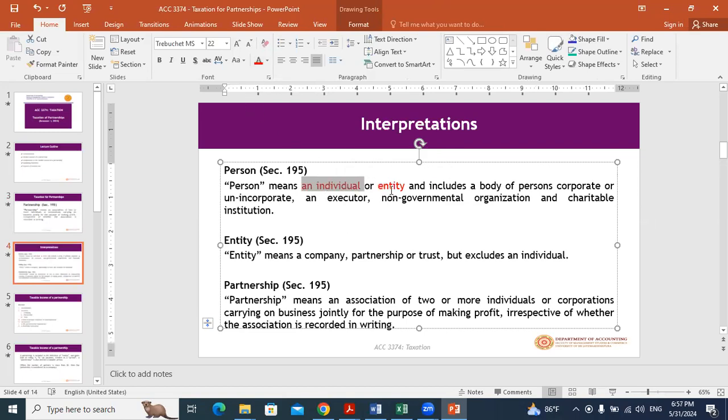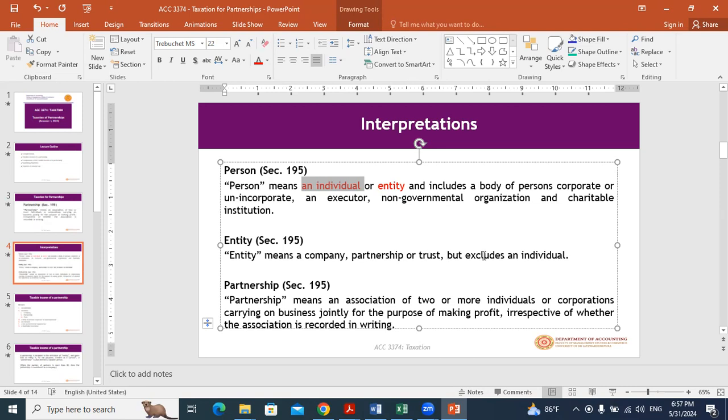An individual, an entity, and as I told you when I was discussing qualifying payments, there are other things: body of persons, corporate or unincorporated, and etc., non-government organization and charitable institution. The entity has been discussed separately. What is there in the entity? A company, limited liability company, partnership or trust.